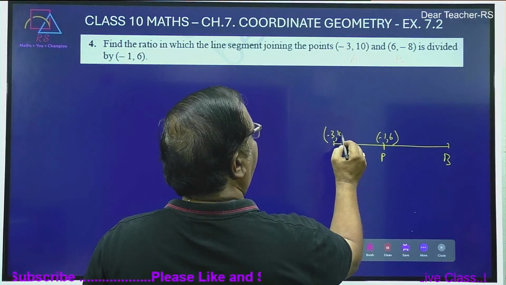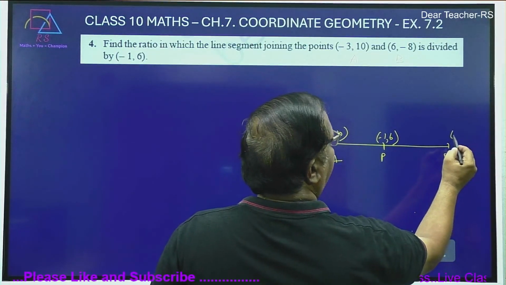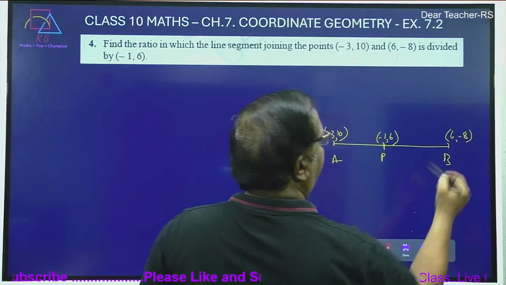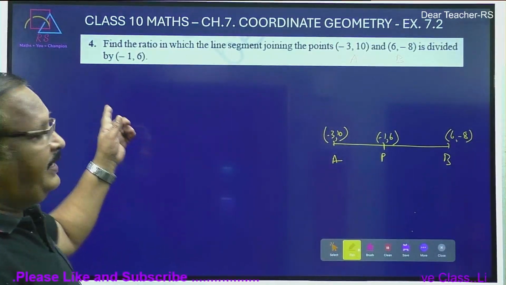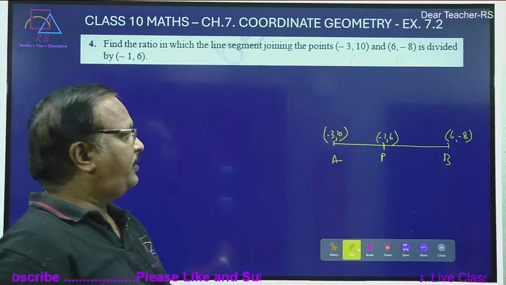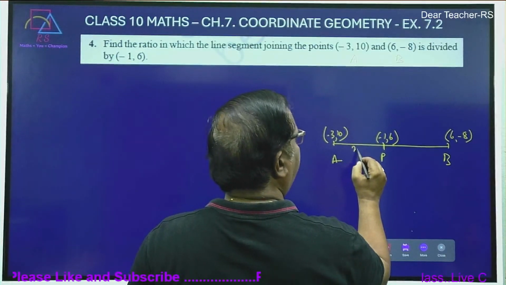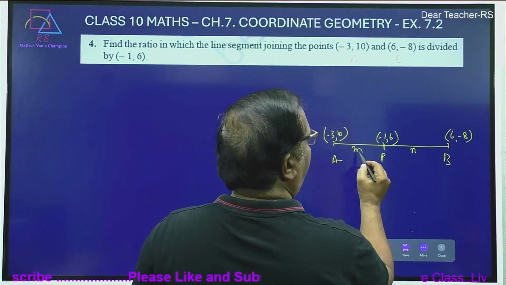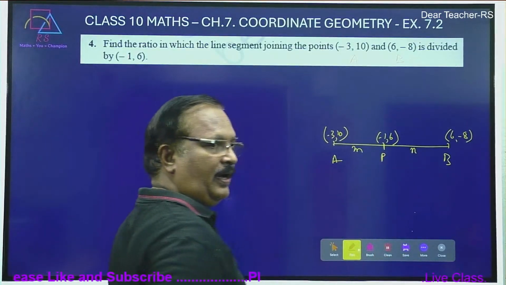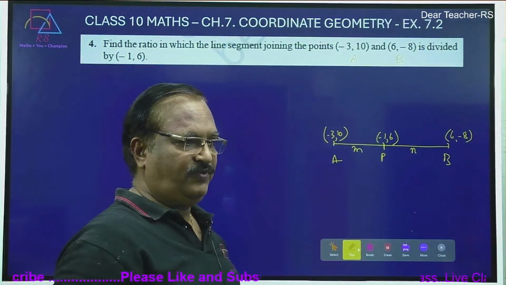Minus 3, 10, and B is 6 and minus 8. And find the ratio in which, that means you have to find out the ratio M is to N. You have to find the value of M and N using the section formula.